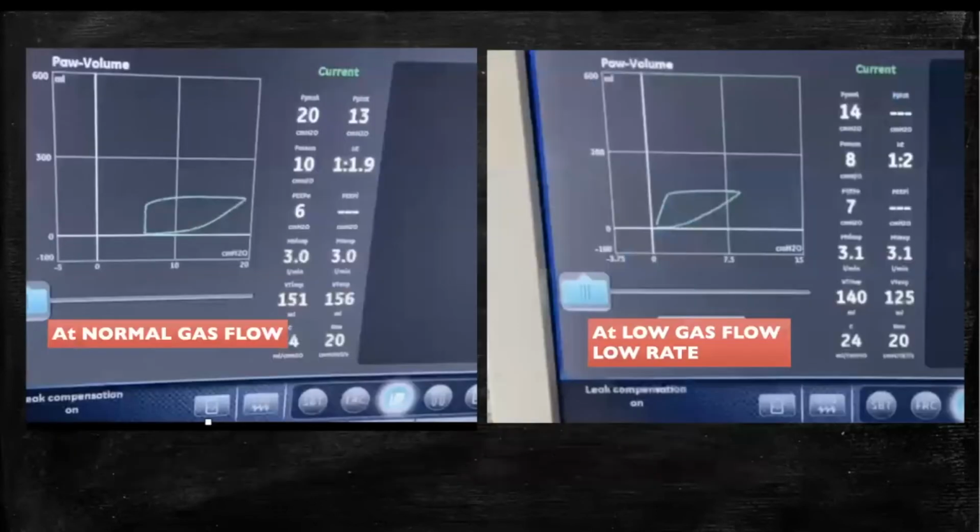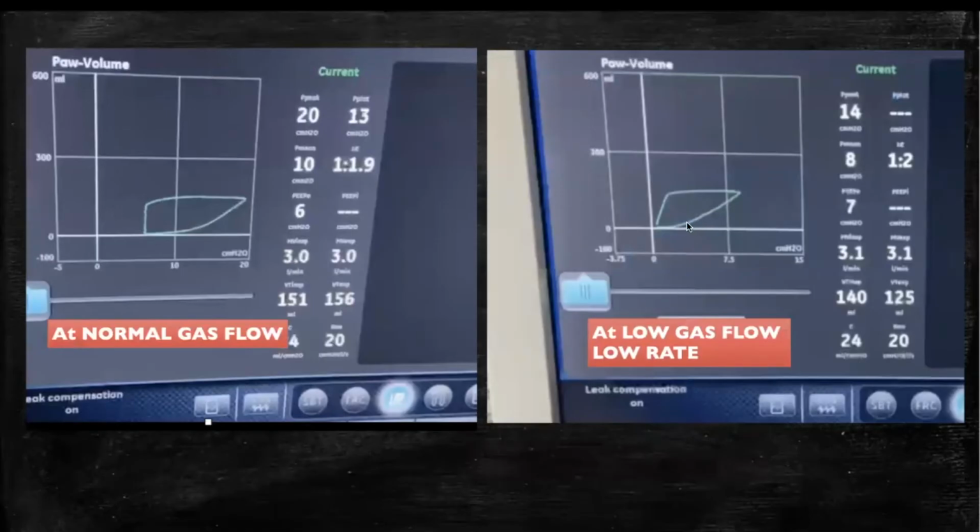So if we compare, this is a normal gas flow. At normal gas flow at a PEEP of 6, you have some kind of deflection, a lower inflection point. But this is actually not a lower inflection point, as we discussed. This is because of some muscle activity and because of the normal gas flow at around 15 to 20 liters per minute, creating some airway resistance and bulging.